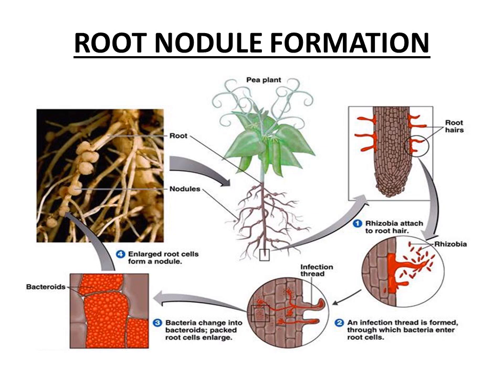Once they enter inside the root cell, they change into bacteroids. The bacterial cell enlarges, divides and redivides, and they form a structure called a nodule. These are the different steps involved in the process of nodulation. Now let us study each one of the steps in detail.